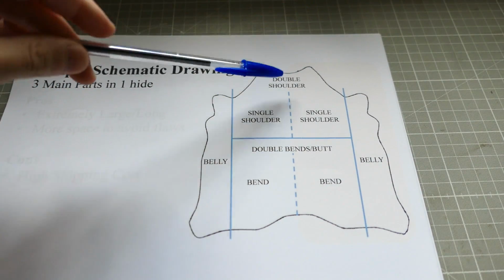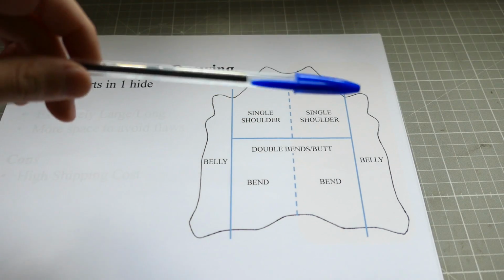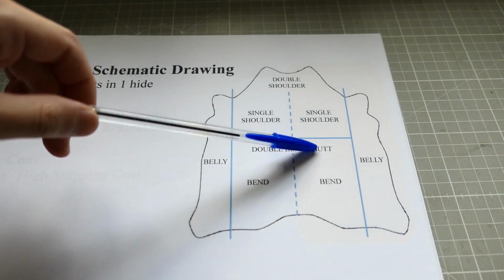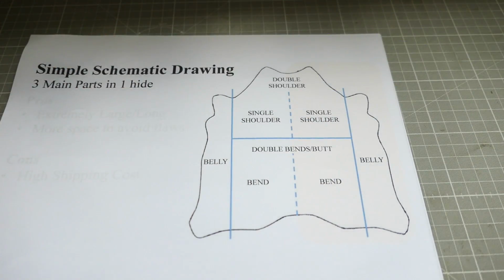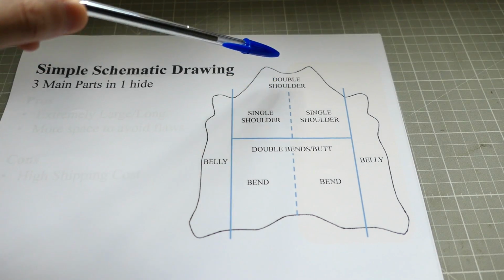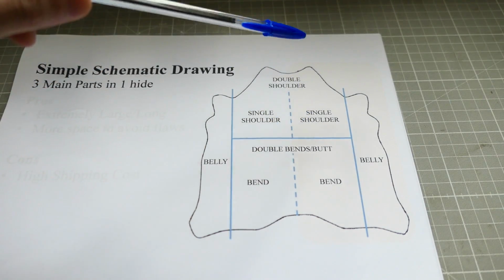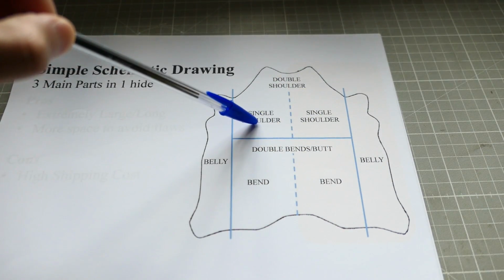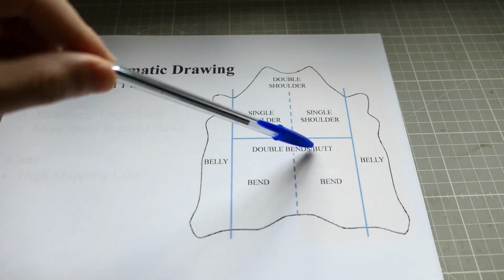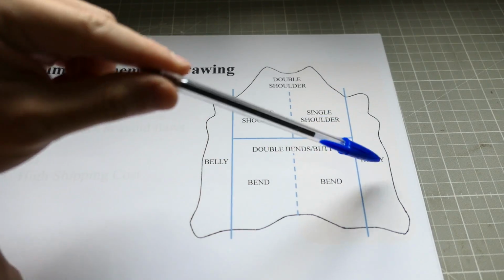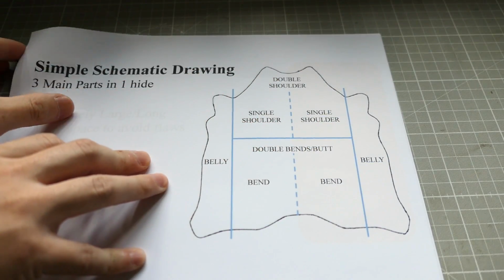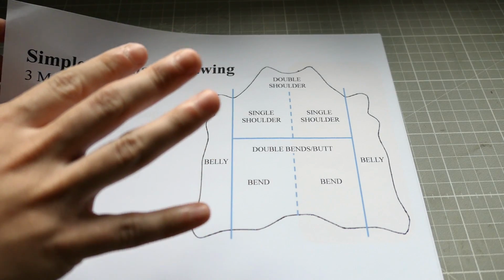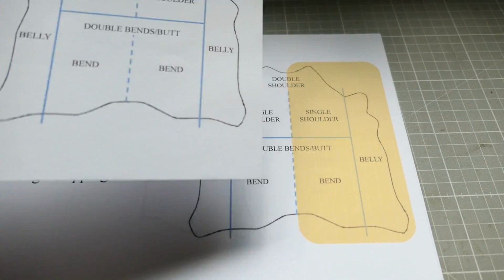So there's a shoulder, and there's a bend, or you can call it butt, and there's a belly. So there are only 3 parts. Shoulder, whether it's double or single, you'll know the difference, but just the shoulder first, then bend, or butt, and belly. That's the only 3 parts. So these parts are what we're going to talk about today.